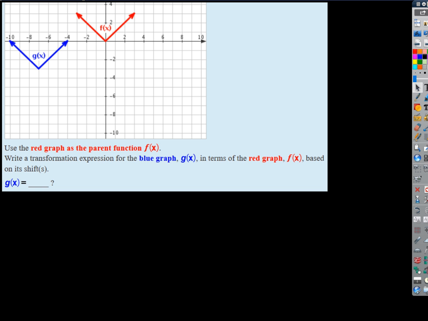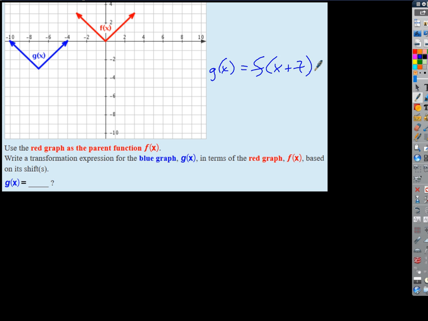Okay, so what about this here then? What do we got going? If f of x, the red function, is the parent function, what's g of x? Plus 7, good.